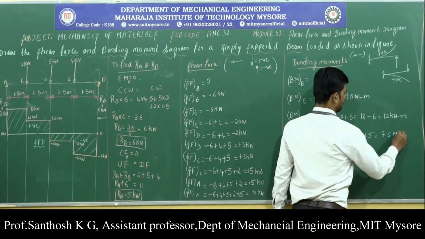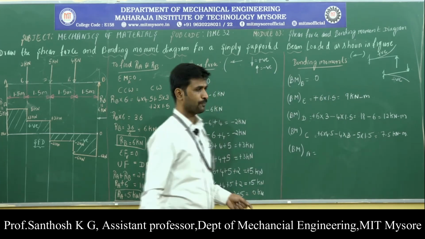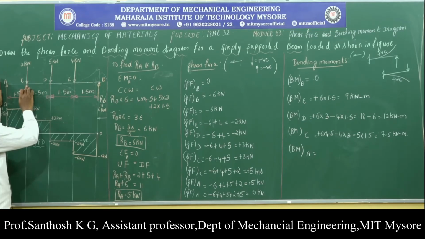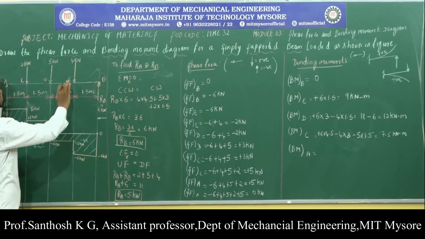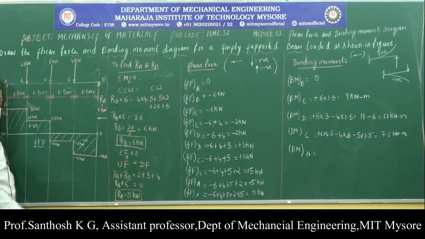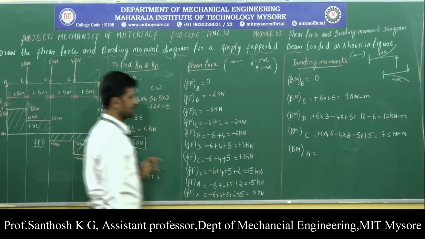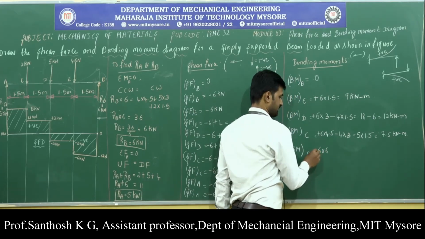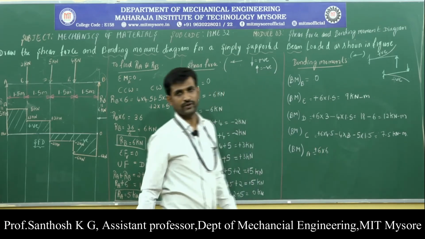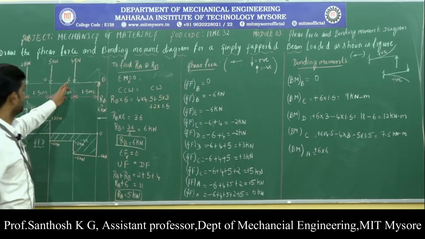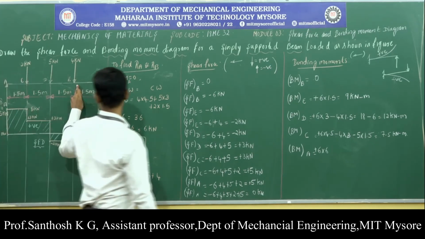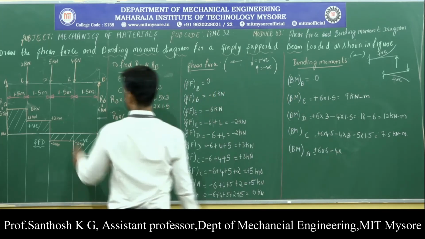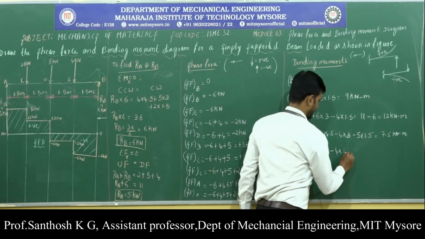Now if you come to point A, at point A you will get the bending moment due to these four forces which are acting at B, E, D followed by C. So the bending moment due to RB at point A will be equal to 6 times 6. Since it is going to bend the beam in upward direction, we are denoting it by a positive sign. Then this 4 kilonewton force is creating a negative bending moment, and its distance from point A is 4.5.